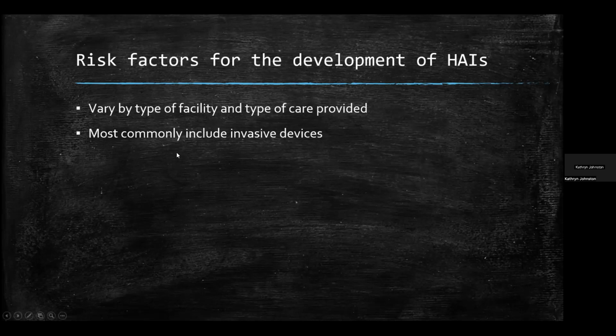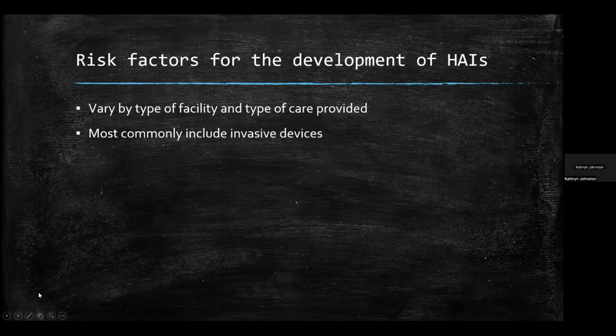So you can see that while the type of facility and the type of care are more significant, you also do have to take into effect those other basic hygiene and limited resource components as well.